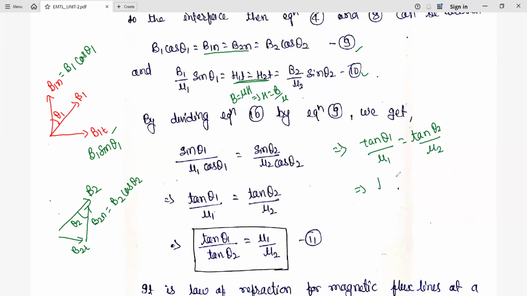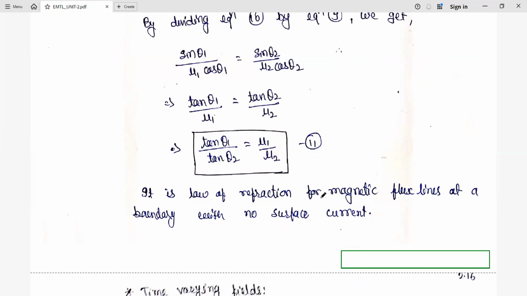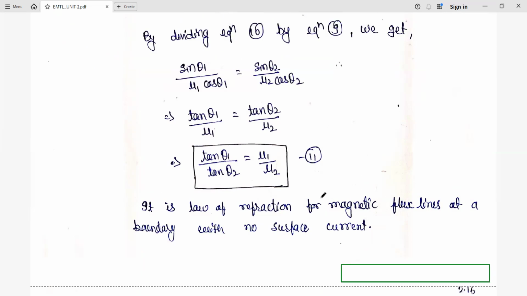So we have tan theta 1 divided by tan theta 2 equal to mu1 by mu2. This is called the law of refraction. It is going to travel from one medium to another medium. So it is called the law of refraction for the magnetic flux lines at the boundary with no surface current, since we have considered here K equal to 0.